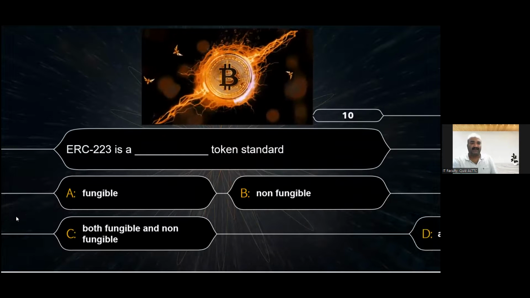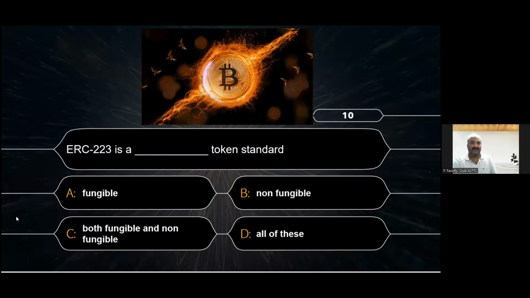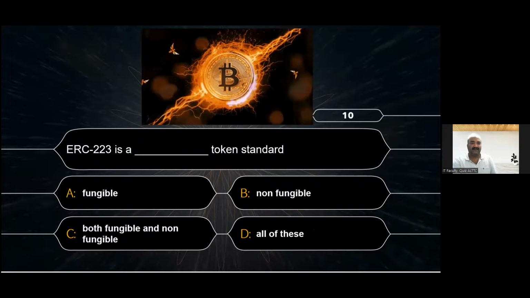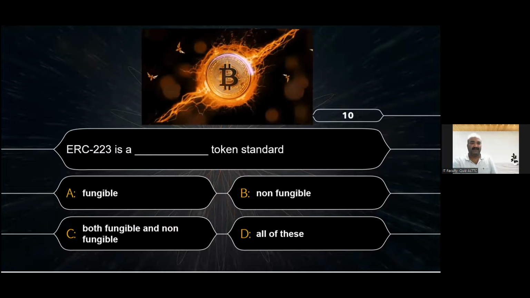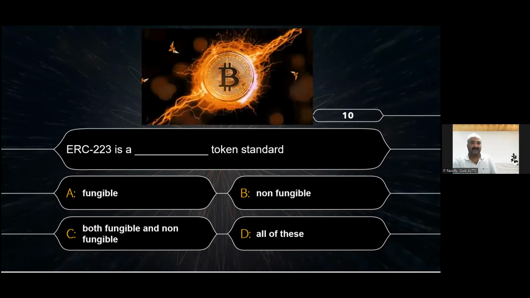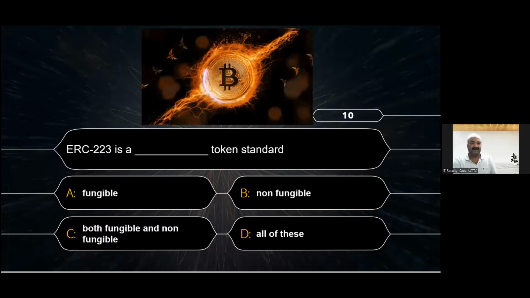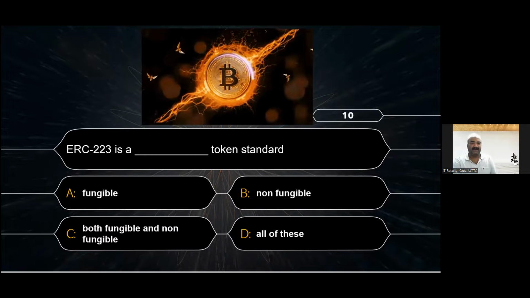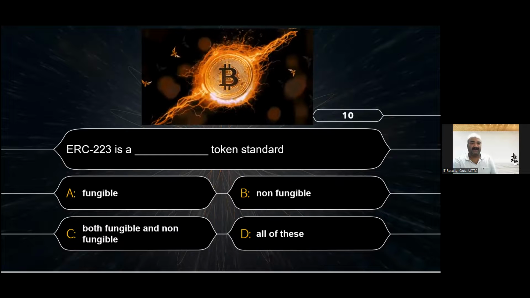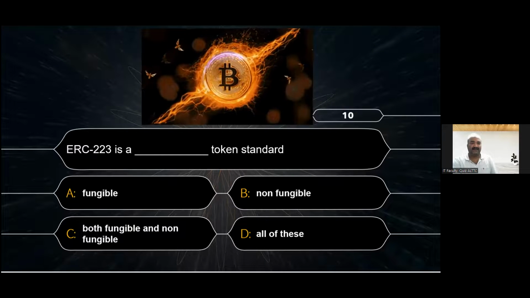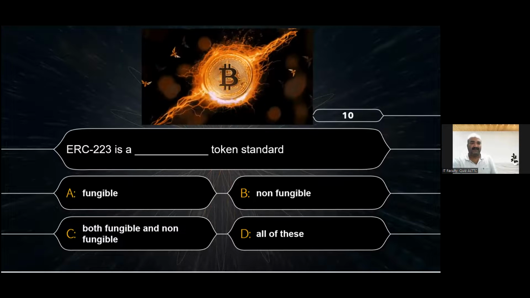There are various standards used for blockchain. One of the standards, ERC, is a standard for tokens. The options are A, fungible tokens, B, non-fungible, C, both fungible and non-fungible tokens, and D, all of these.